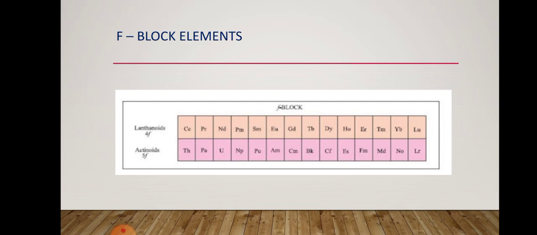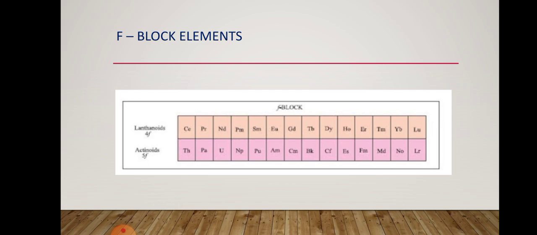Now I am going to discuss f block elements. The elements in which the last electron enters into the f orbital are called f block elements. They consist of two series of elements placed in two rows at the bottom of the periodic table.